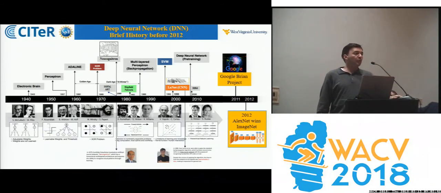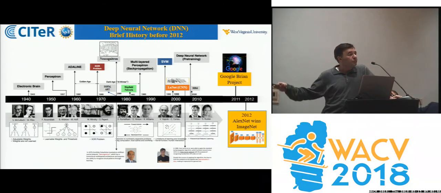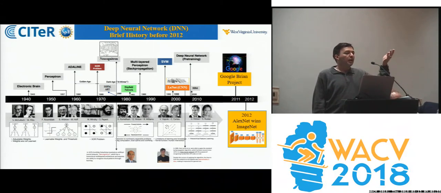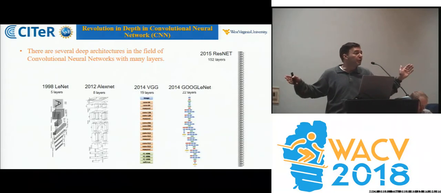But what happened was he trained AlexNet over the ImageNet database, which has over 1.2 million images. He also showed how to use 2 GPUs to train these convolutional neural networks. And he won the competition, and that's the history of deep learning in computer vision.